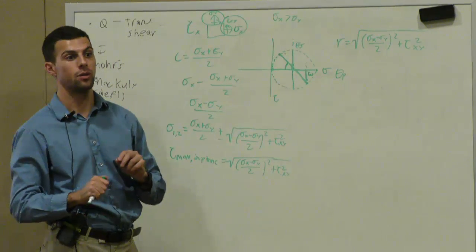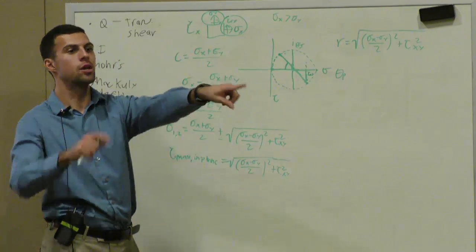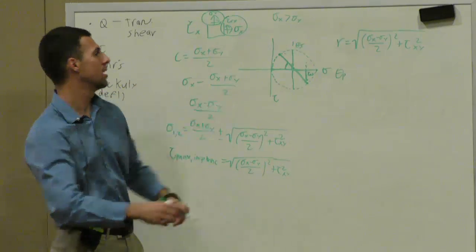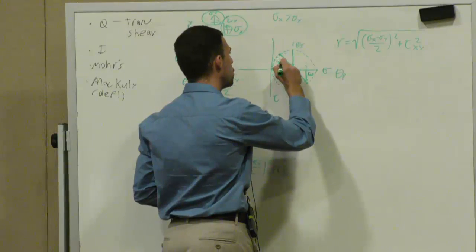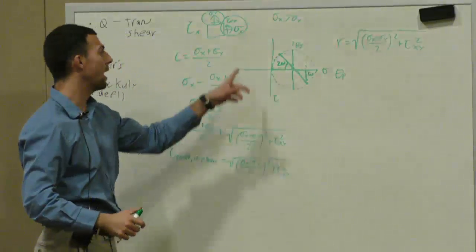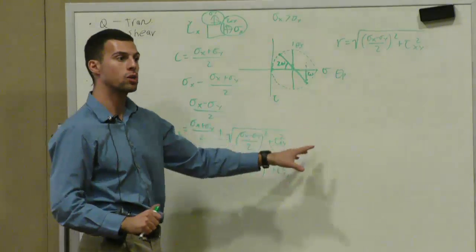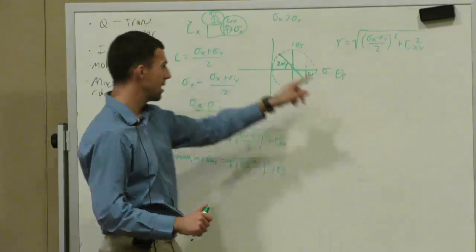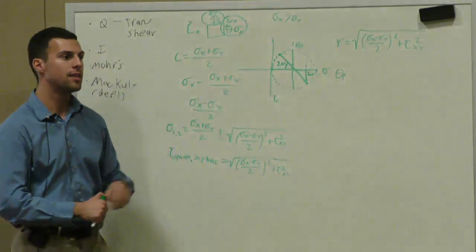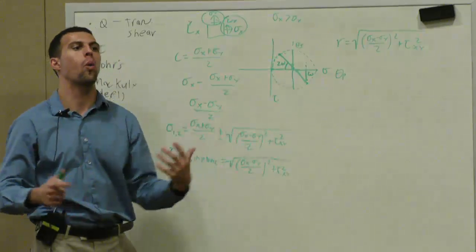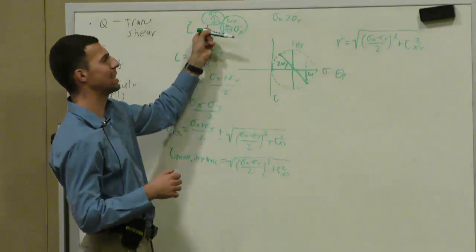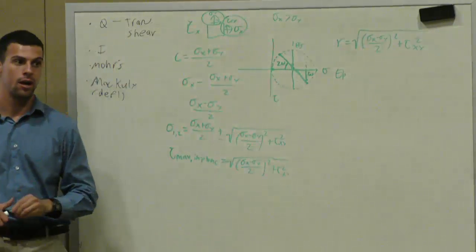No. What are they equal to? 2 theta. Good. It's 2 theta, which is why, if everybody goes back and remembers the general equations, we had cosine and sine of 2 theta. This is where that comes from. The angle that you see here represents twice the angle you'd have to rotate the element itself through.